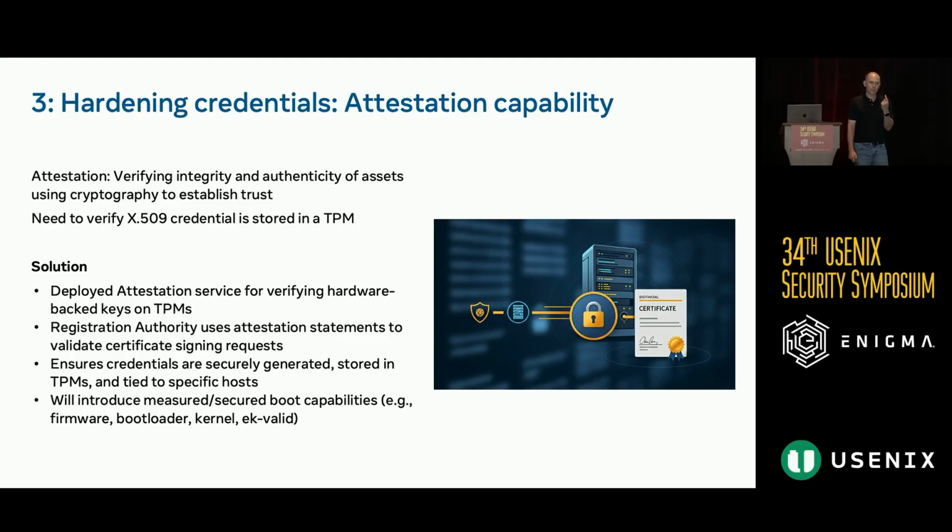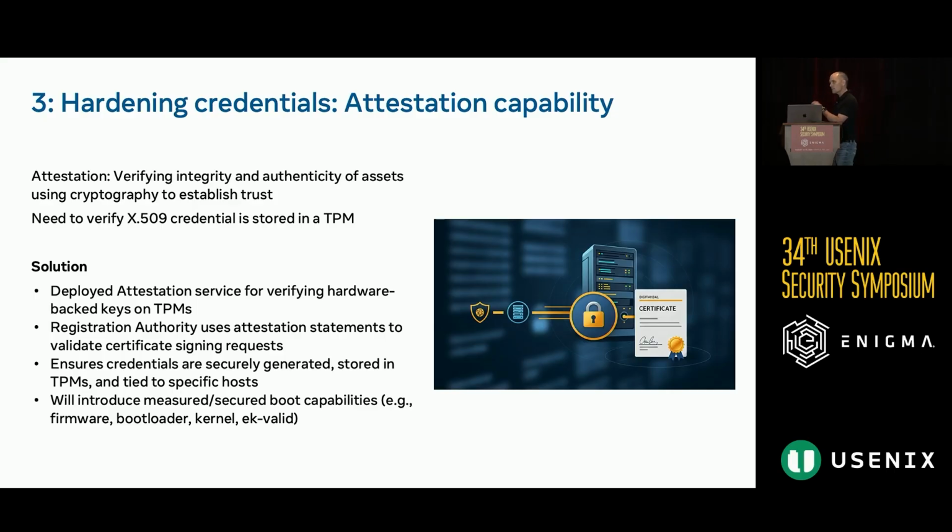The first is it wants to verify that the PKI credential was in fact birthed within a TPM. And second, it can tie that particular PKI credential to a TPM on a particular host. You can think of this as another layer of defense from a hardening and exfiltration prevention mechanism.